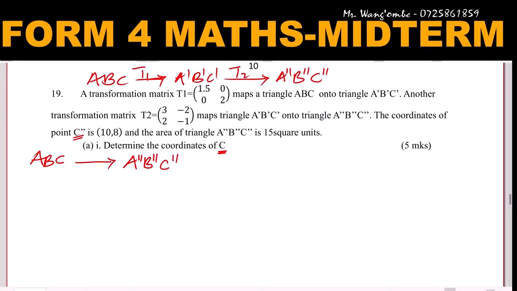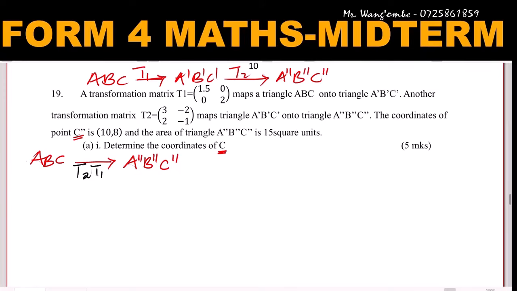And that single matrix will be obtained by getting the product of these two matrices. Since this is successive transformation, T1 followed by T2, we get the product T2, T1 and not T1, T2.